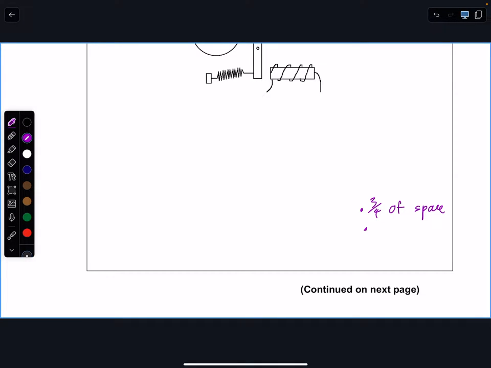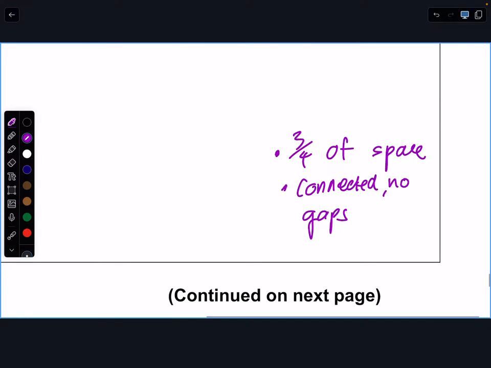Then after that, everything must be connected without gaps. No gaps at all, please. And no hairy lines. And no, it does not have to be curved.